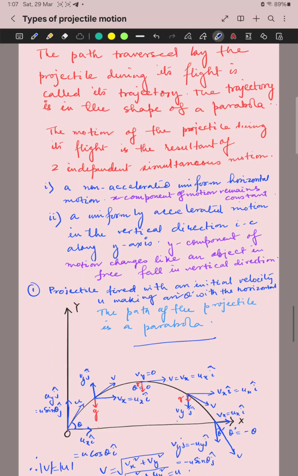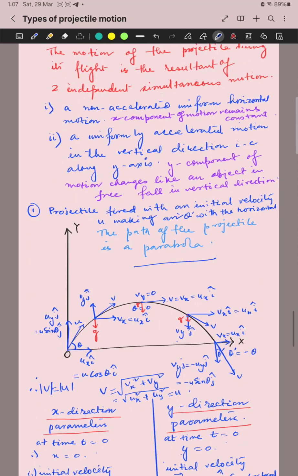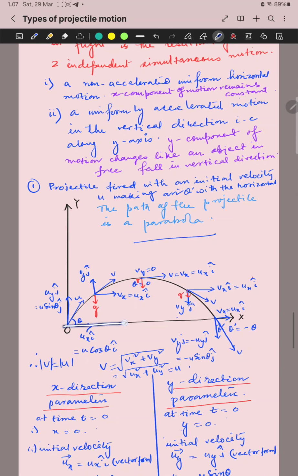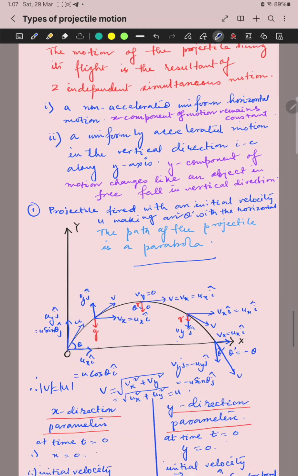The motion of the projectile is the resultant of two independent simultaneous motions, one along the x direction and another along the y direction. In the x direction the body is moving with constant velocity.